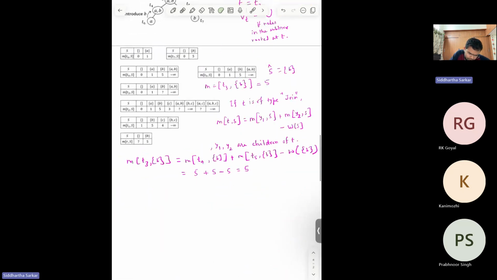So you're interested in computing M of T2, comma A, comma B. What does it mean?